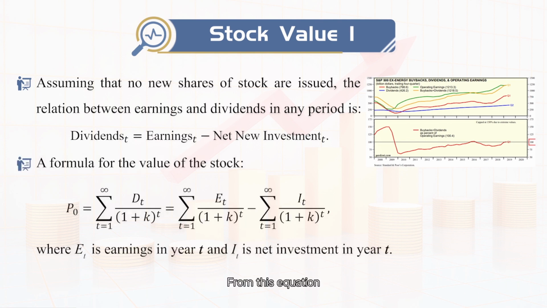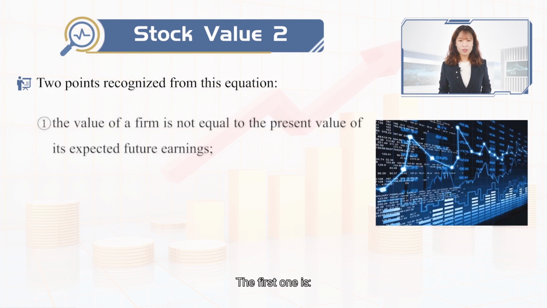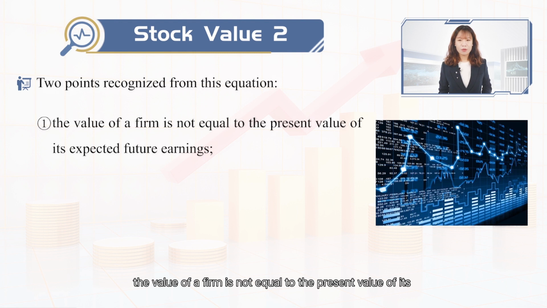From this equation, we can get a formula for the value of the stock as follows. In this equation, E_t is earnings in year t and I_t is net investment in year t. There are 2 points recognized from this equation. The first one is that the value of a firm is not equal to the present value of its expected future earnings.